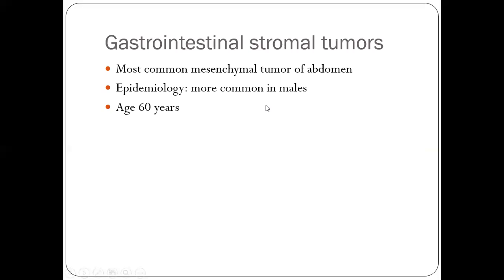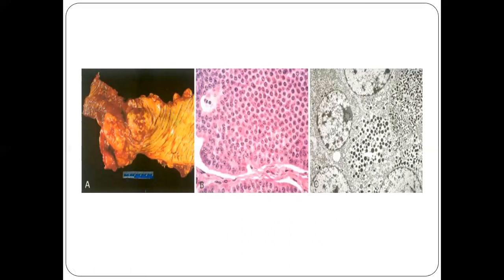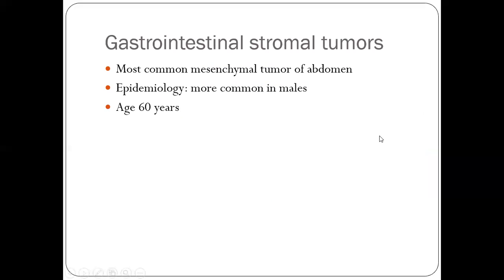The chromatin pattern is called salt and pepper chromatin. These cells may be arranged in the form of islands or glands or sheets. And this is the electron microscopy. Here you see the electron dense secretory granules, neurosecretory granules of chromogranin or synaptophysin.